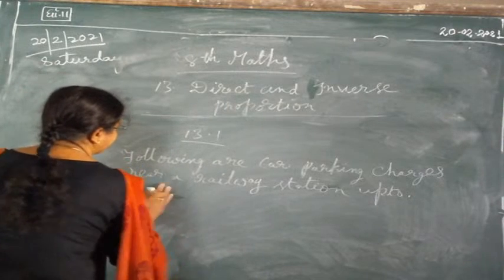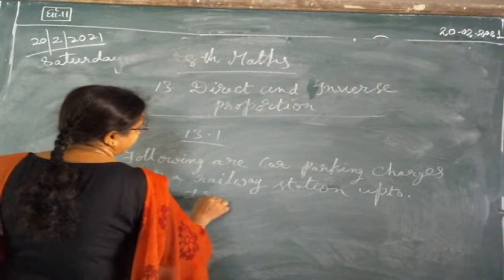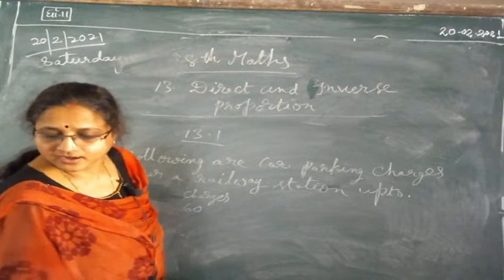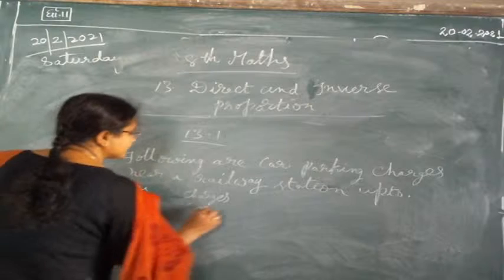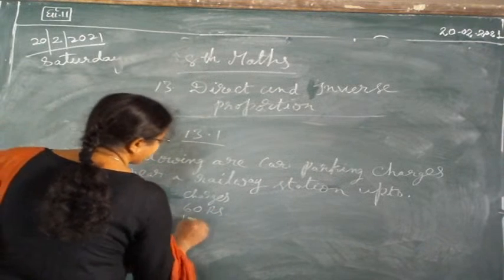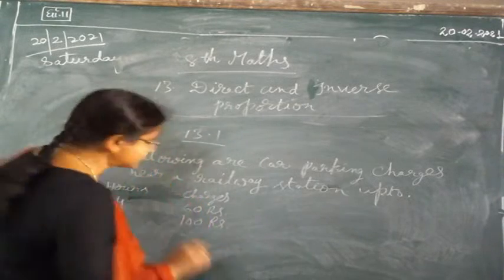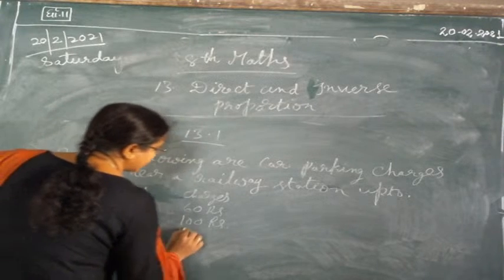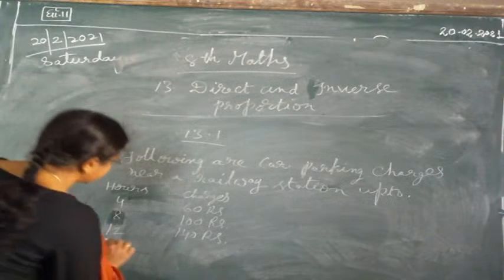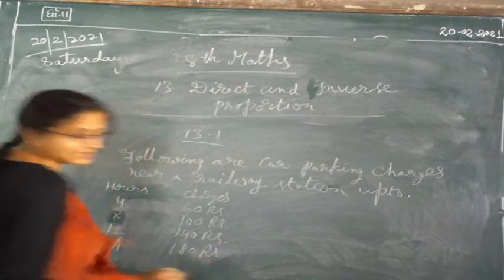Number of hours here, and this is charges. I have written here for 4 hours 60 rupees. And 8 hours, 100 rupees. And 12 hours, 140 rupees. And 24 hours, 180 rupees. So are they in direct proportion?